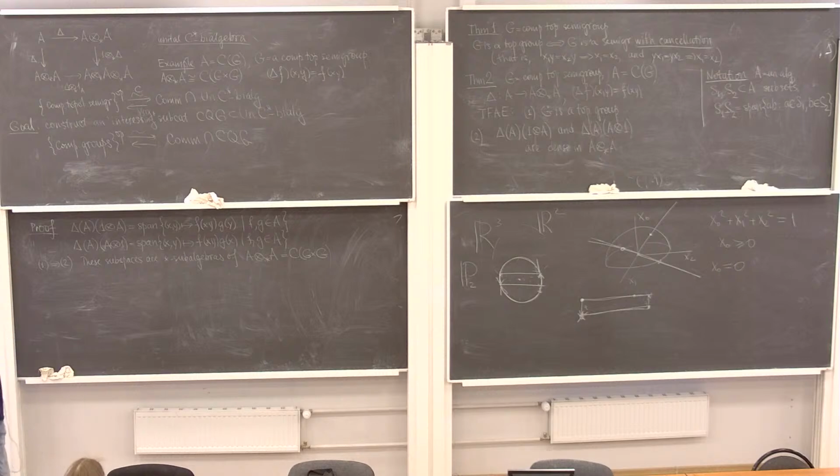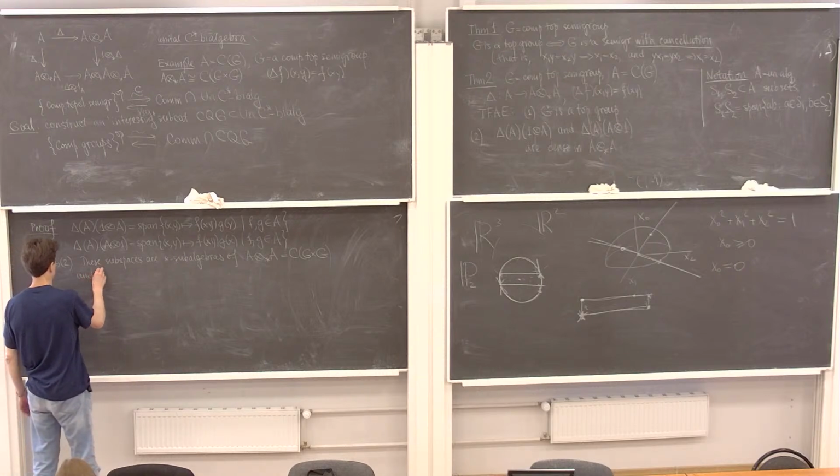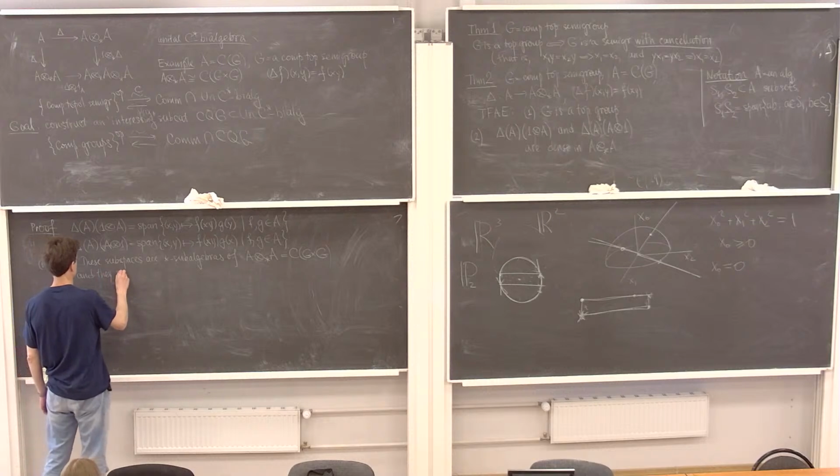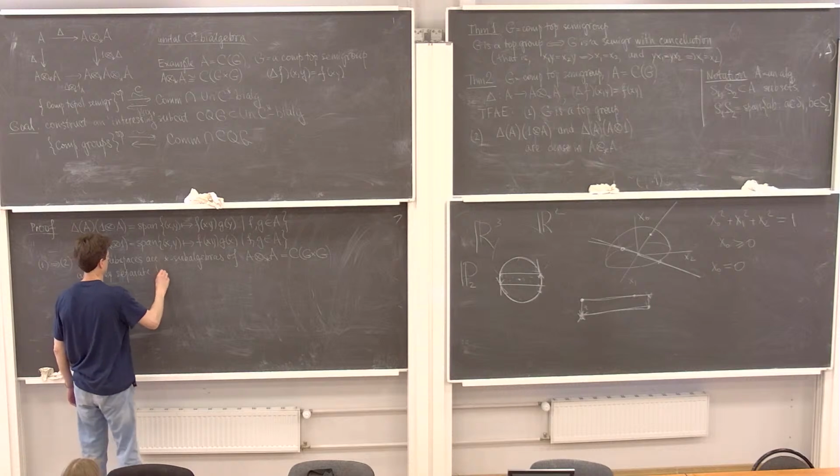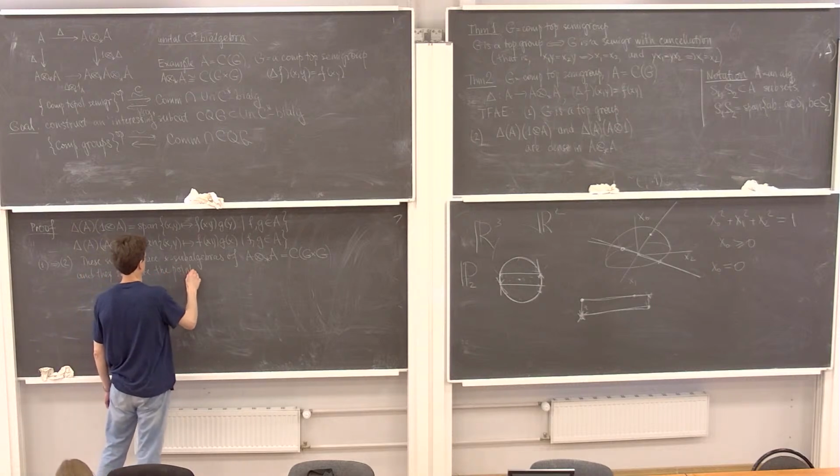And they are easily seen to separate the points of G cross G.